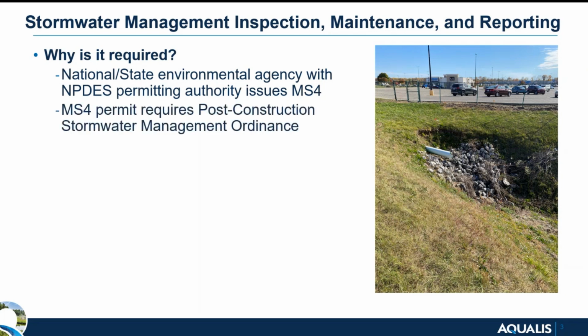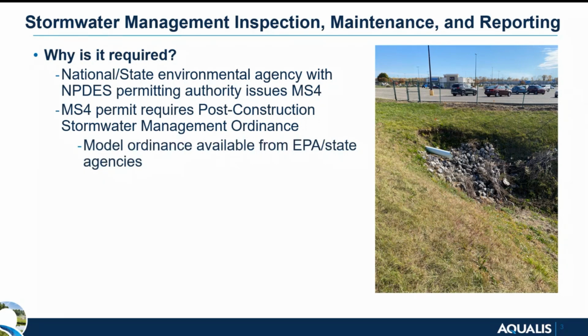This MS4 permit that's issued is going to require a post-construction stormwater management ordinance, along with other things. So you'll have to develop, implement, and then enforce a full stormwater management program. Part of that program is the post-construction stormwater management ordinance that gives the grounds for enforcement and lays out the rules for property owners and also for the municipality.